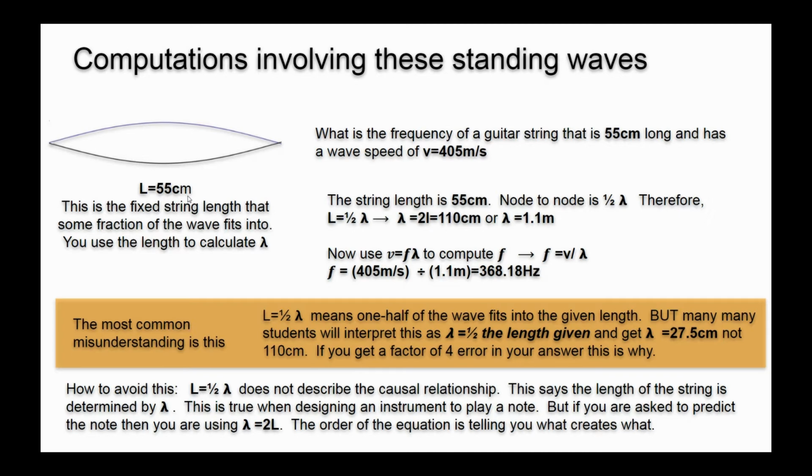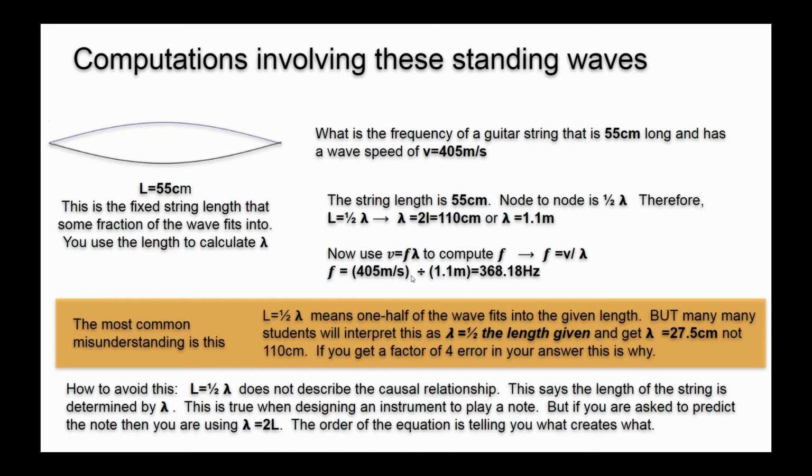This means the wave is twice as long as this. We are saying the length of the string is 1/2 lambda. Therefore, lambda is 2L, or 1.1 meters. Now we can use the universal wave equation and this guitar string should vibrate at that frequency.